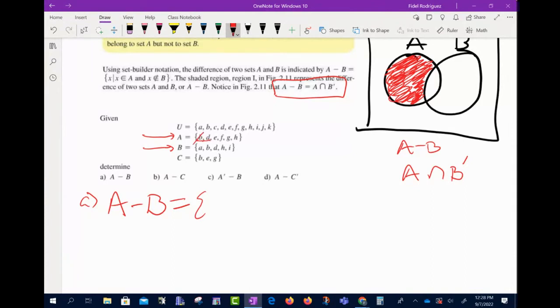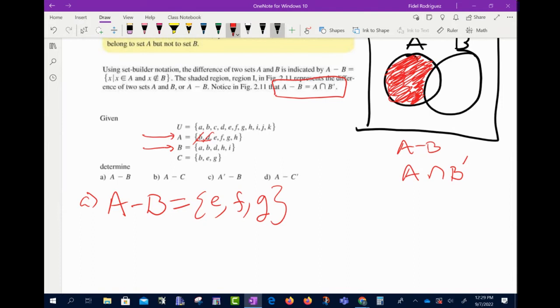Is it also in the set B? Yeah, so I don't want to use that one. What about the letter E? Okay, so let's write it down. What about the letter F? Okay, so let's write it down. G? Okay, what about H? Yeah, so we don't want to use it, right? So there's my A minus B. I'm only picking the letters in A as long as they don't appear in B. And if they do appear in B, I'm not using them, okay?